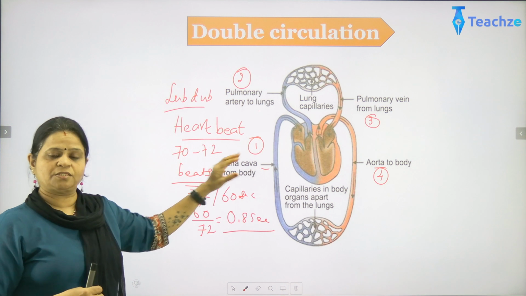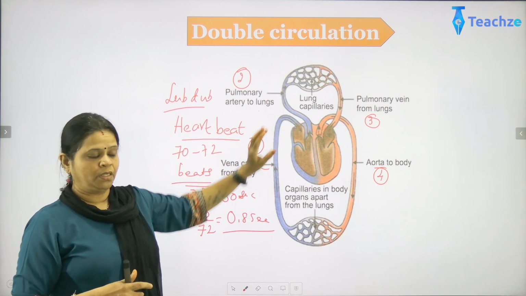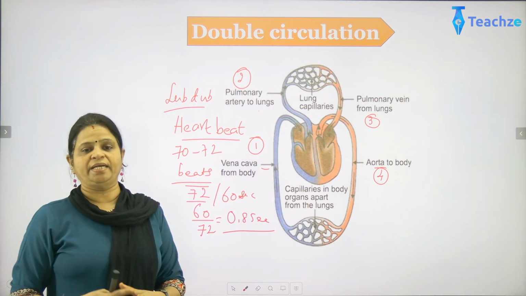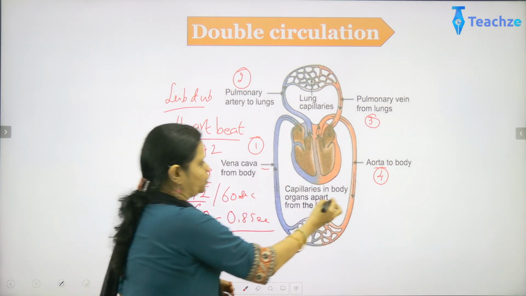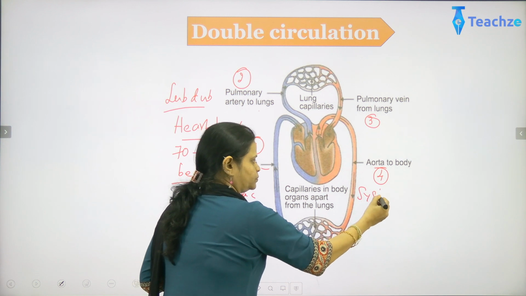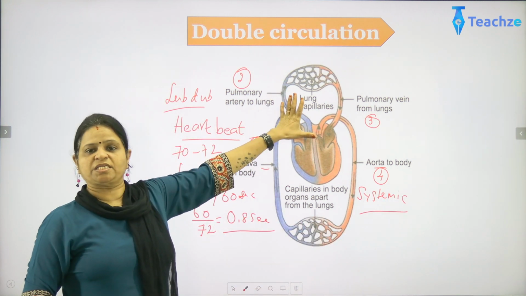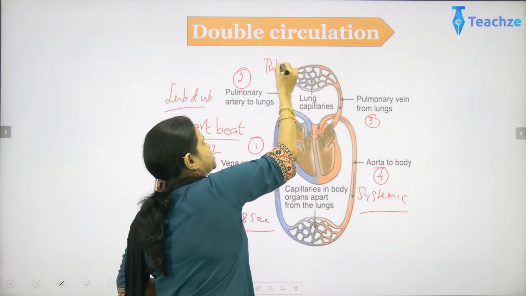Now apart from this, we will try to understand one more concept of this double circulation. This entire circulation present in the human heart is divided into 2 phases. The first phase, which occurs in the body, we call the systemic circulation. The second one, where the purification happens in the lungs, we call the pulmonary circulation.